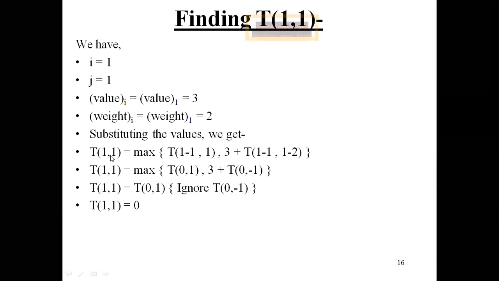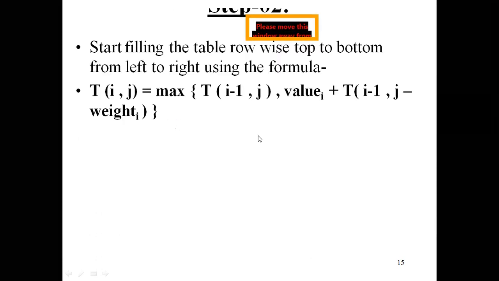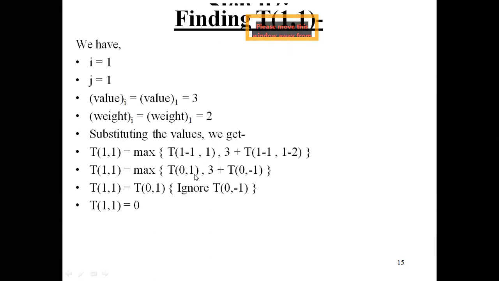Now what is T of 1 comma 1? That is equal to maximum of T of 1 minus 1 comma 1. See the formula, T of i minus 1: i means 1, 1 minus 1; j means 1. So it becomes T of 0 comma 1, comma 3.